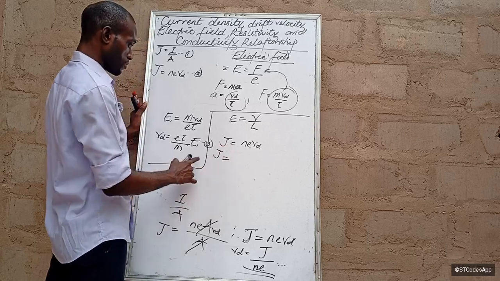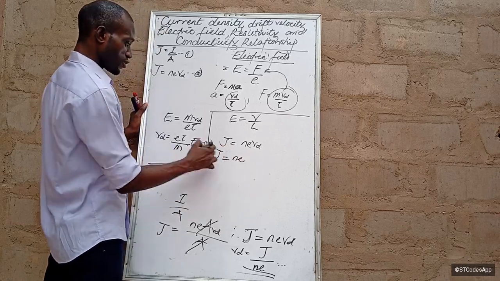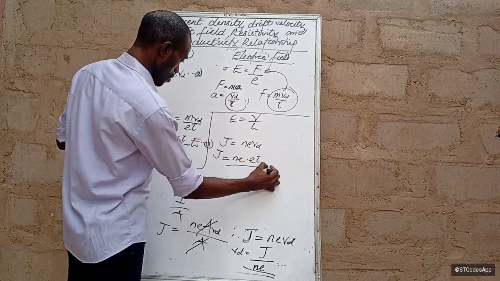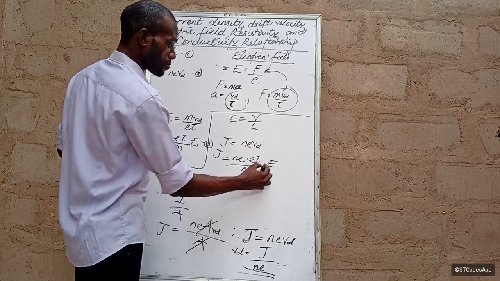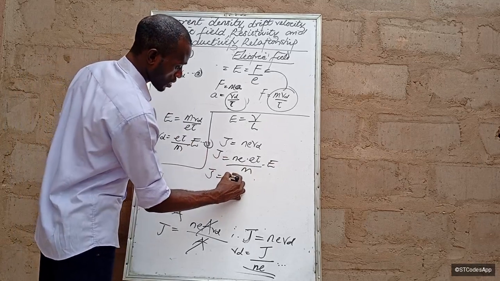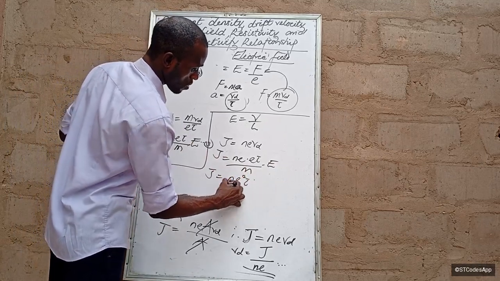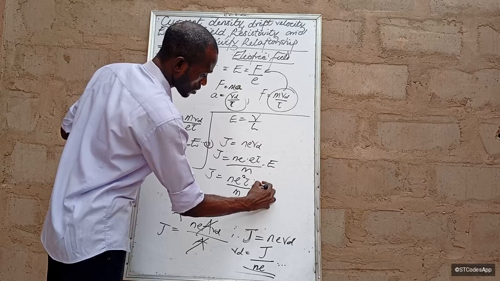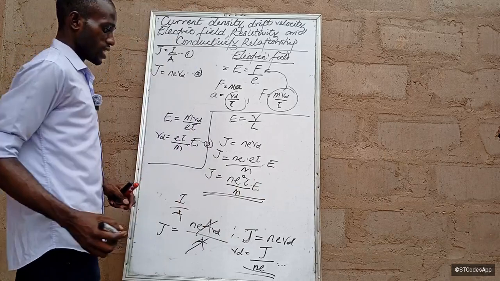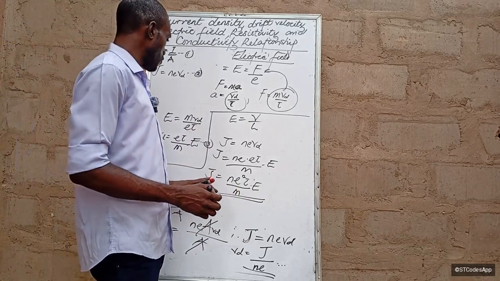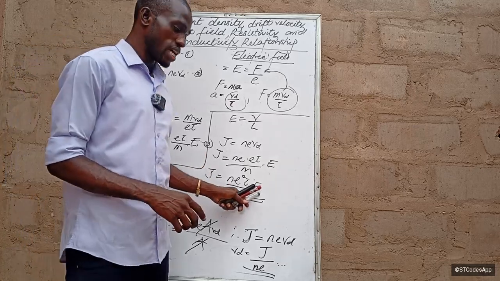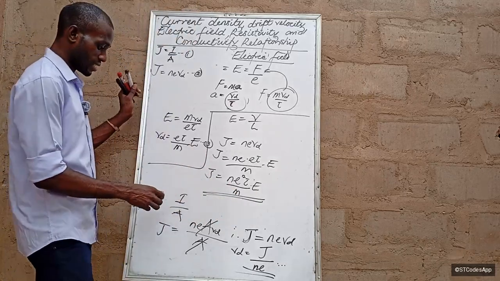Then J becomes n e times e tau over m times the electric field intensity, so that J becomes n e squared tau over m times E. Do you understand now? This is the relationship between electric field intensity and current density.